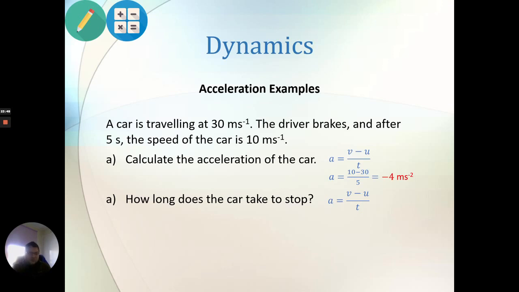So V will be 0. Our U, we start at 30 meters per second, so our U is 30. So we've got minus 4 equals 0 minus 30 over T. We rearrange that, and we get T equals 0 minus 30 over minus 4. We put that into the calculator and it comes out as 7.5 seconds to come to a halt.